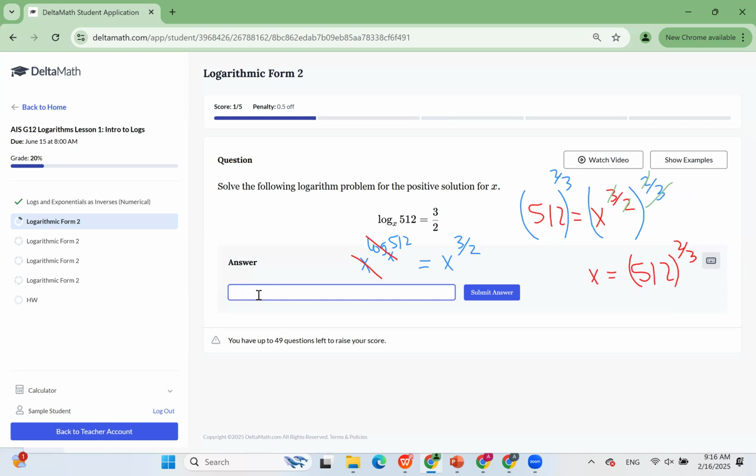So I'm going to use my calculator as well. 512 to the power of 2 over 3 gives us 64. So the answer here would be 64.